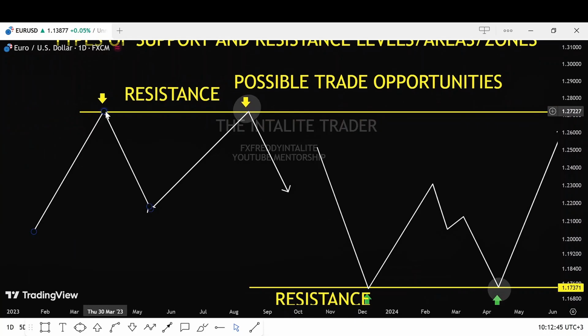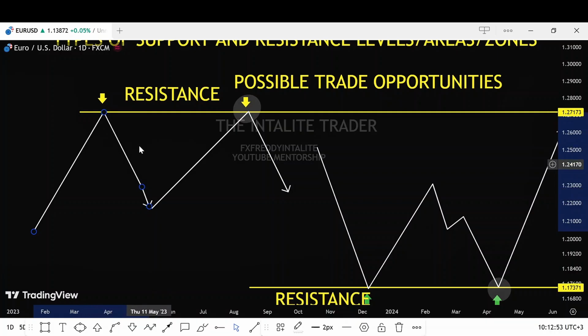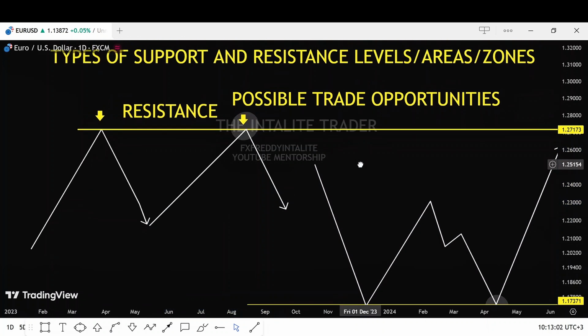Because in the past, when you look here, price came and it traded away, it reversed, giving you this level. So when price comes back into the same area, you will have buyers and sellers look to take action on the same level. And when I refer to buyers and sellers, I'm meaning institutions.